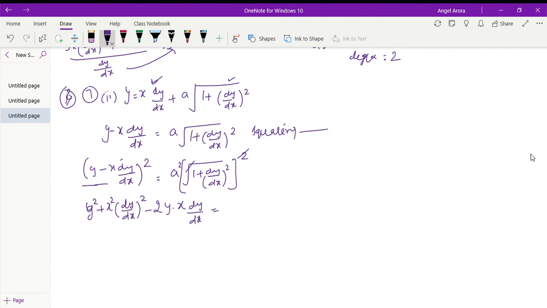Now on the right hand side, a squared times 1 plus dy upon dx whole square. So now this term is in polynomial form, this is also in polynomial form.